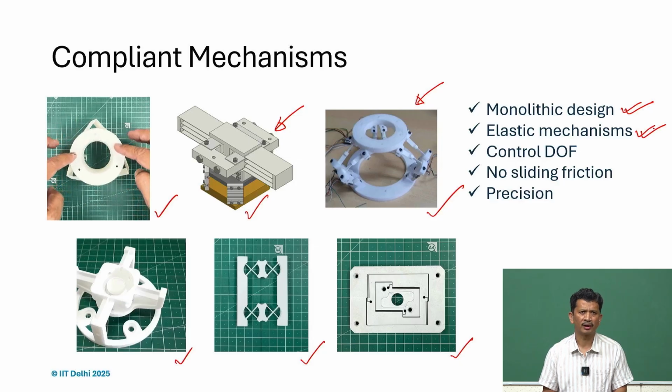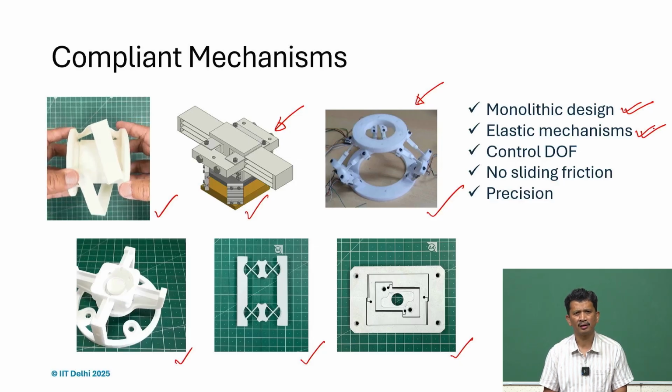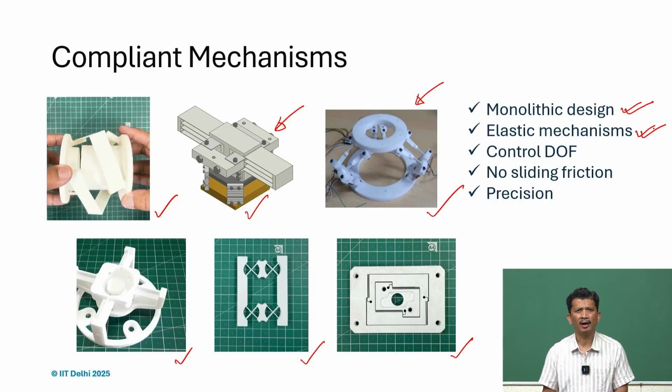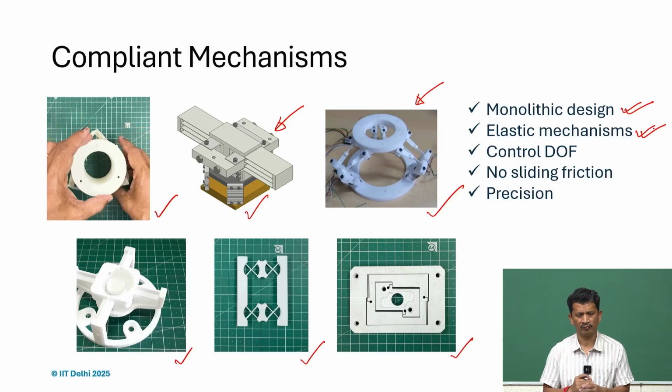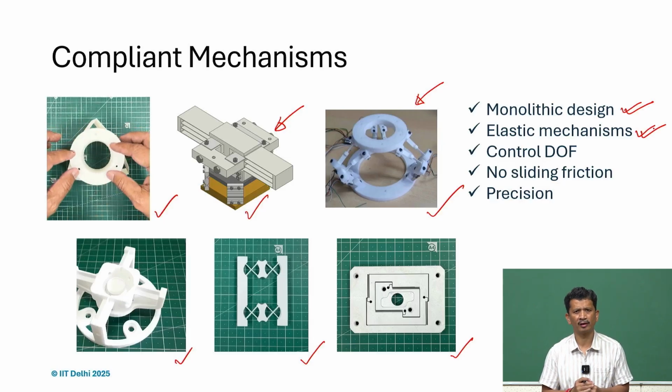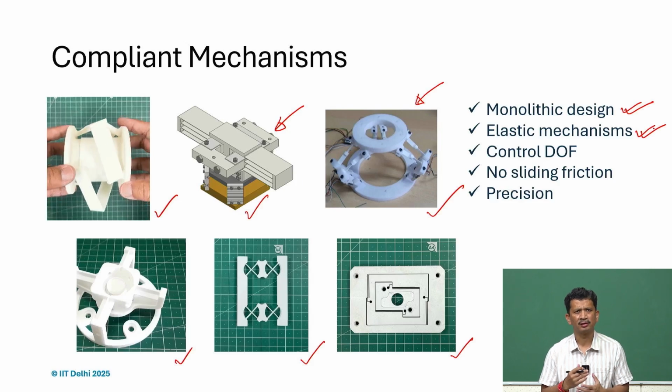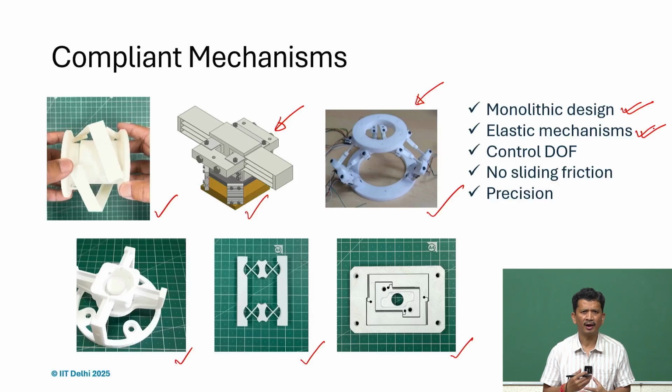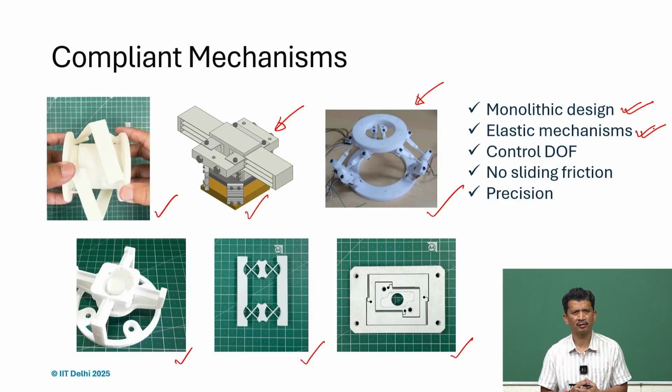They can bend, they can twist, and they can elongate depending on the design. In certain directions we can move them very freely, so we have compliances in those directions. But in some directions the stiffness is very high, and that can be considered a constraint direction.